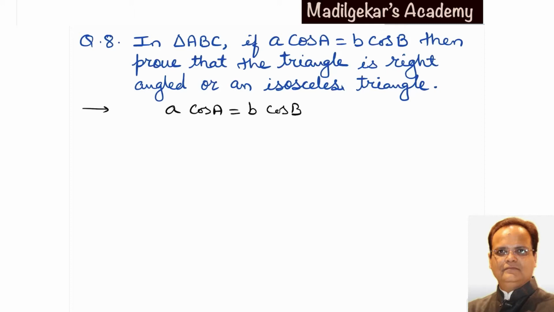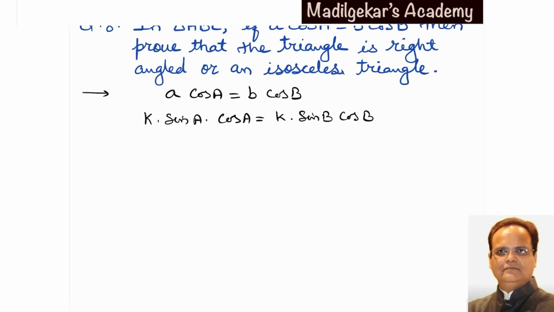Again, by sine rule, you can replace this a by k sin A, and b can be replaced by k sin B, into cos B, cancelling k off both the sides.